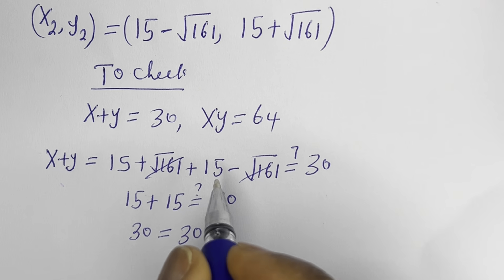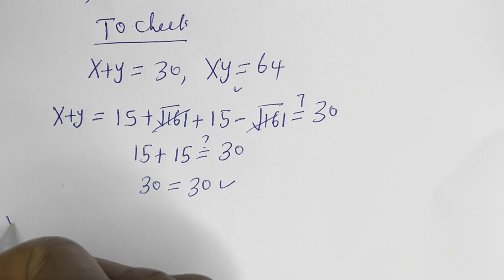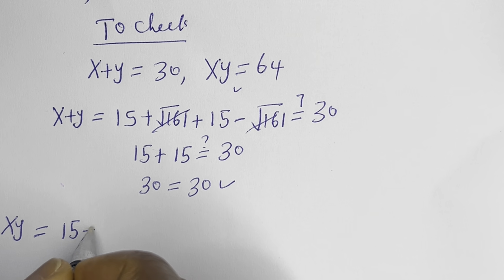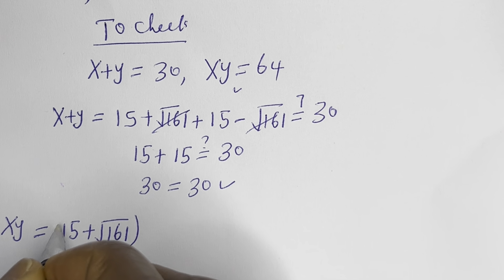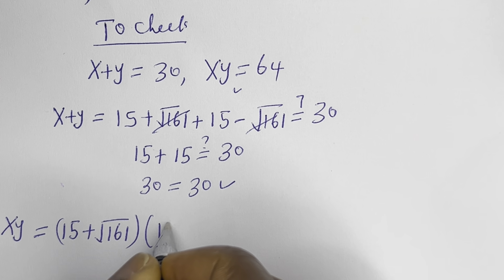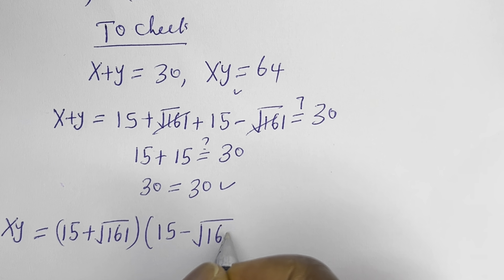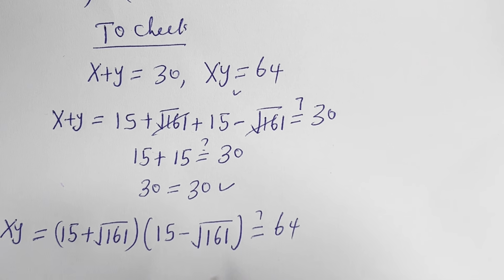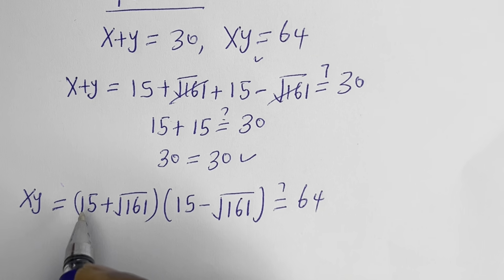Also, let's consider this. We have xy is equal to 15 plus square root of 161 multiplied by 15 minus square root of 161 must be equal to 64. Now here, we have 15 times 15.